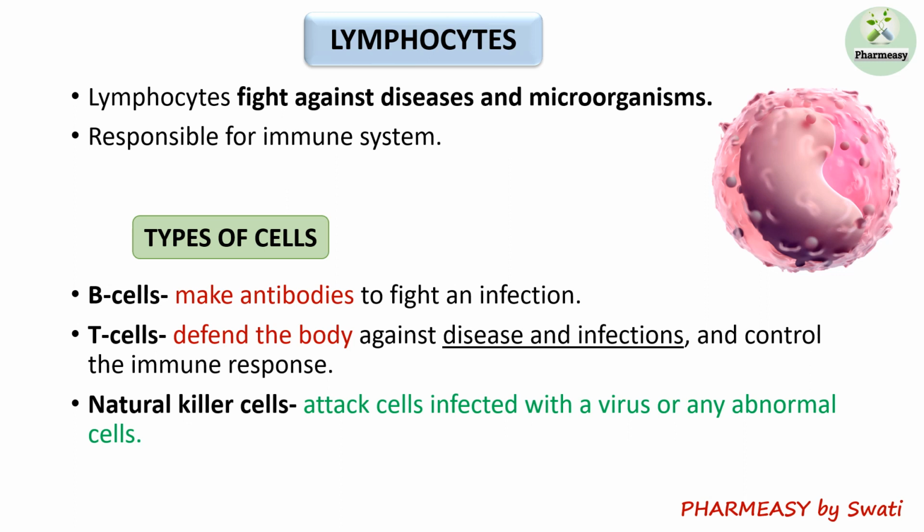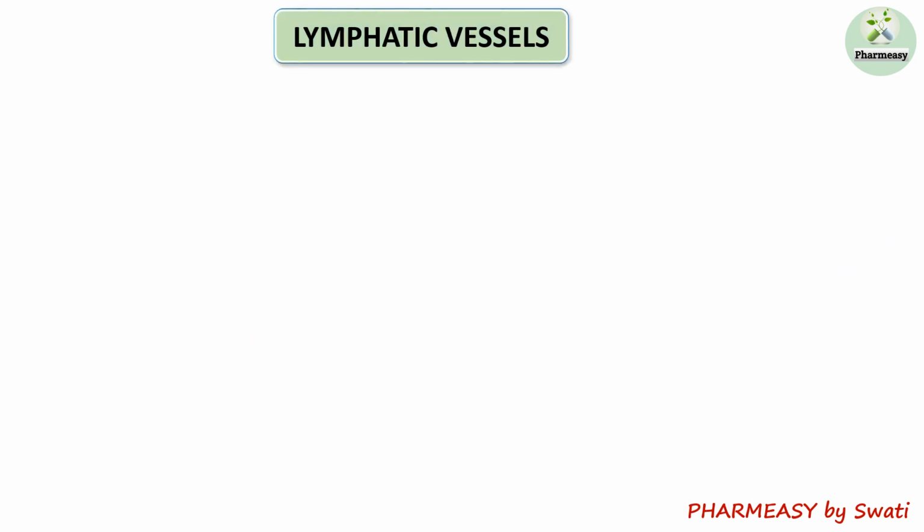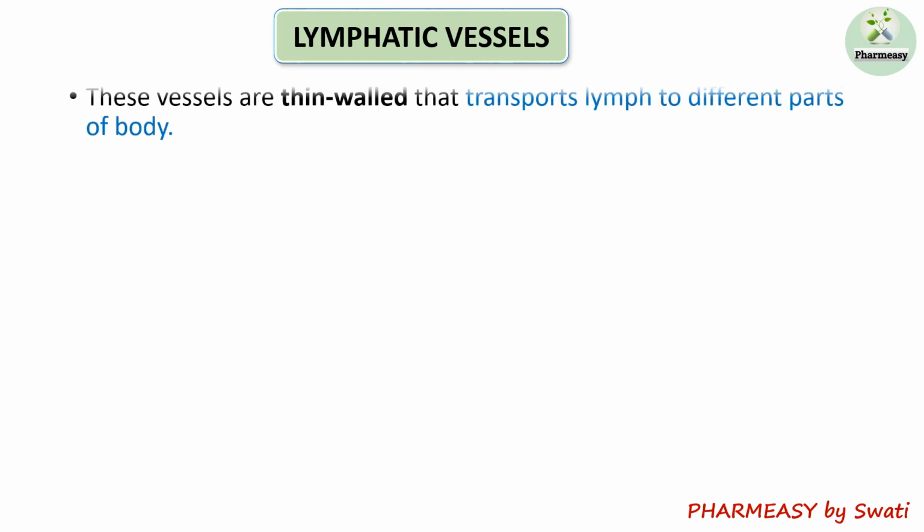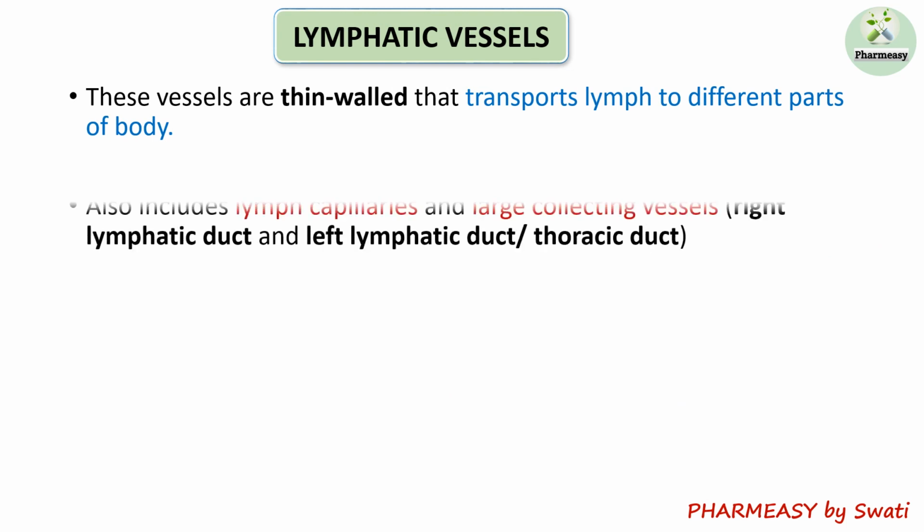Now, our next topic is lymphatic vessels. These vessels are thin-walled and transport lymph to different parts of body. Lymphatic vessels also include lymph capillaries and large collecting vessels. Large collecting vessels are right lymphatic duct and left lymphatic duct.